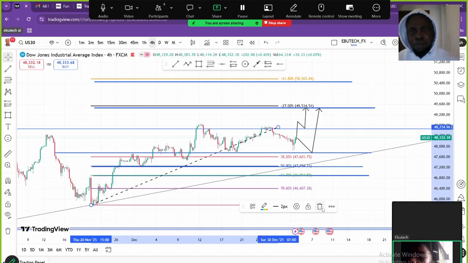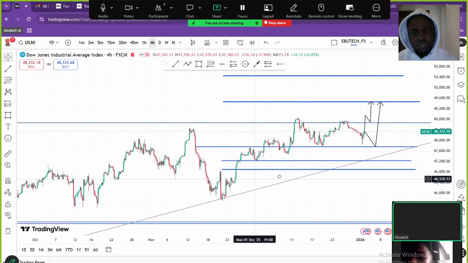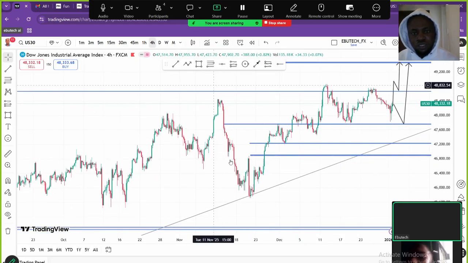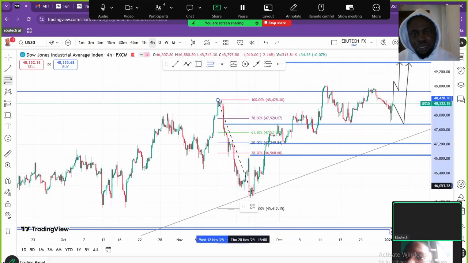The same thing goes for an uptrend or a downtrend. When the market is going down, like let's say for instance, this market is pushing down. This market now is going down. You will still use this Fibonacci to identify the level of the market, where the market is going.